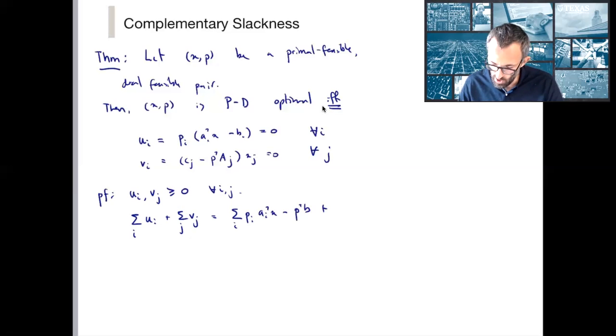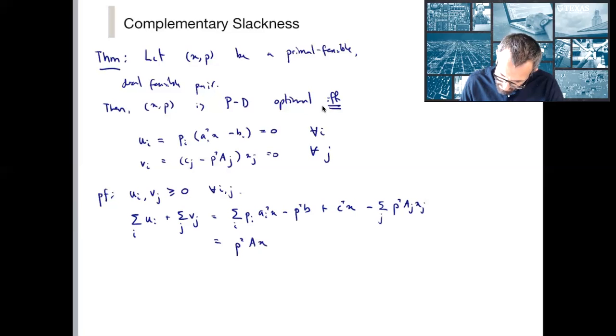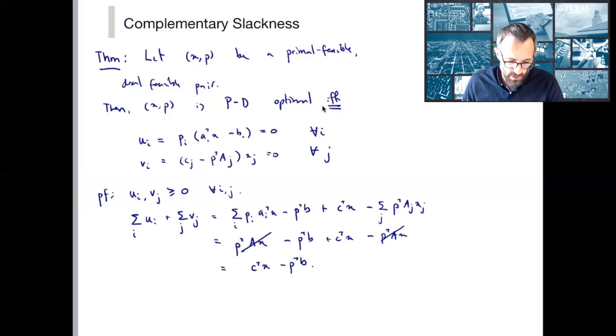The sum over vj gives me the sum of cj xj, which is just c transpose x, minus the sum over j of p transpose aj xj. You can see that this is equal to p transpose ax minus p transpose b plus c transpose x minus p transpose ax. Those cancel. So this is equal to c transpose x minus p transpose b.